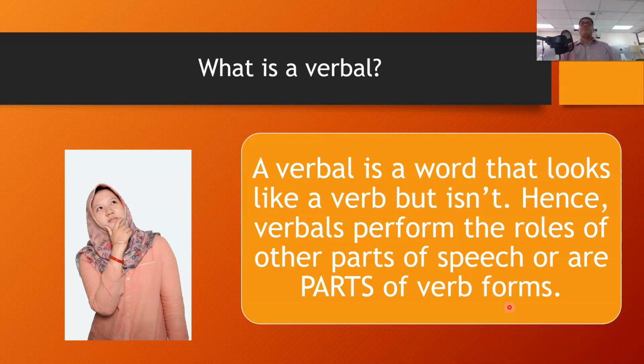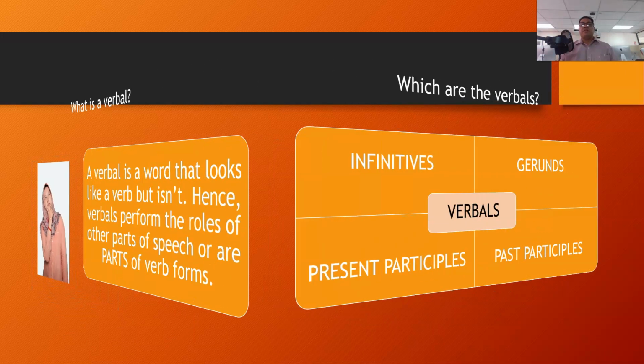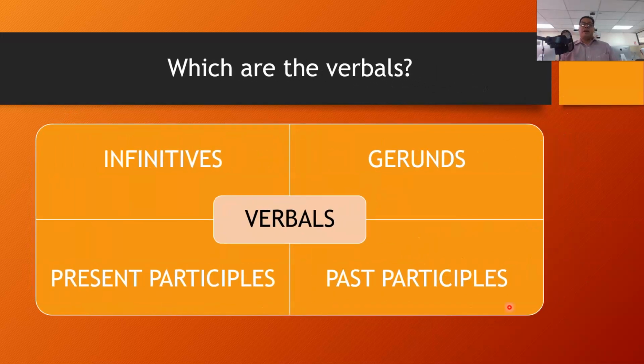So, which are the verbals then? We now know that a verbal is a word that looks like a verb, but it isn't one because it's not conjugated, and it's going to perform the role of other parts of speech, or it's going to be part of a verb form. Now, the verbals are infinitives, gerunds, present participles, and past participles.